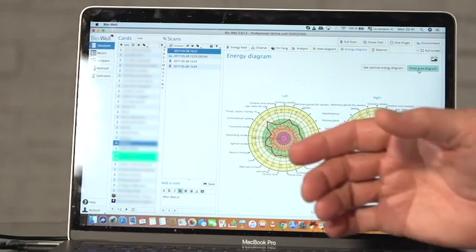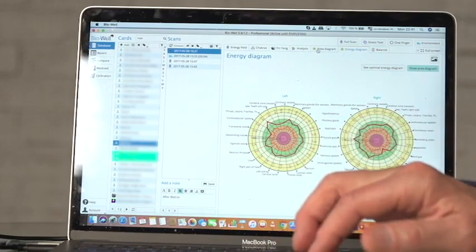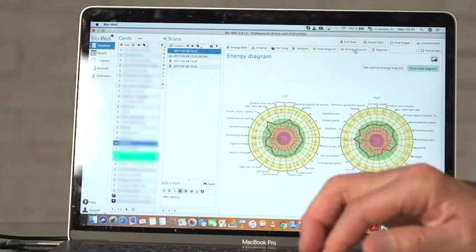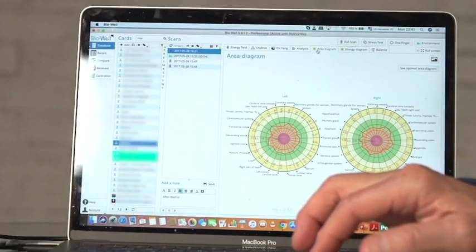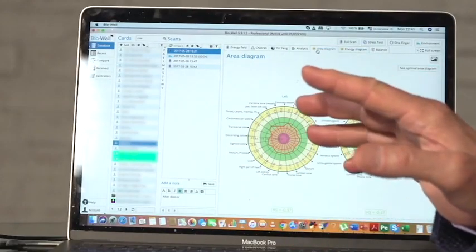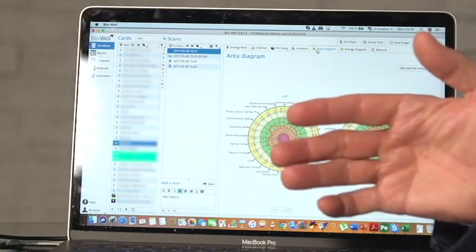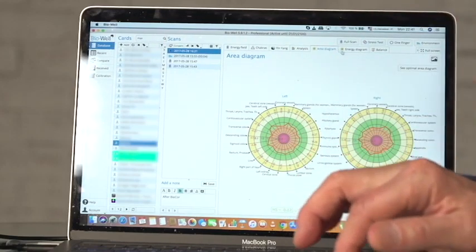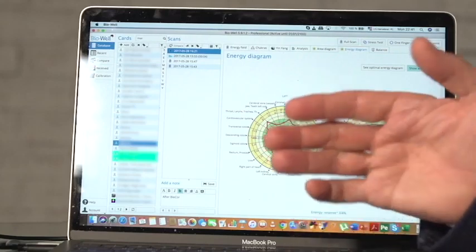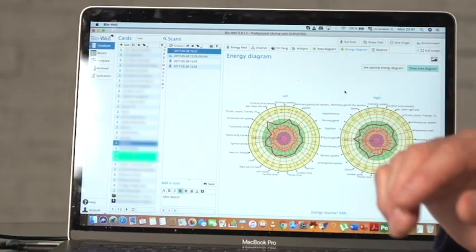And of course the question: why does it look different here and here? Because those are different scales. In this graph, we present it in the scale of area, in the amount of pixels that we are measuring. In this scale, we present both energy and area in relative numbers.